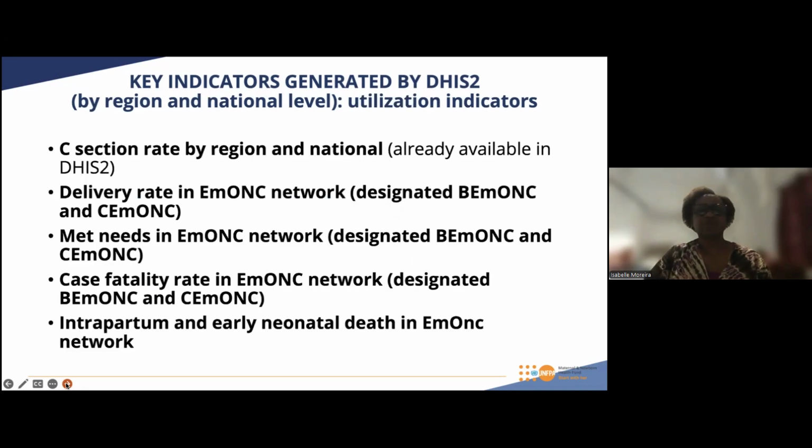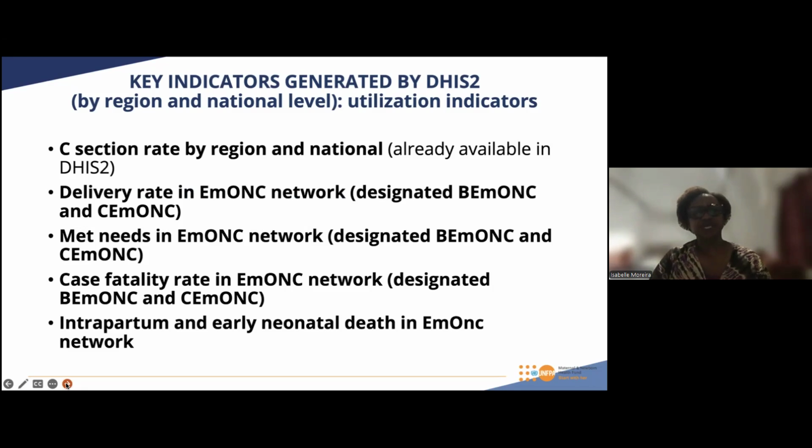Other indicators are generated, like the C-section rate, but this is not specifically linked to the monitoring, because it was already being collected. It's just a link that had been made with another form that was already collected in the DHIS2, on the EmONC side and the maternal health side.